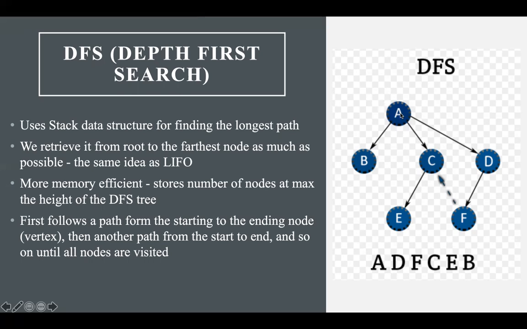For the next longest path from B and C, in this case, we're going to choose C. Then from C, we're going to choose E, and then we're going to go back to the root again, which is A, and then we're going to choose the last node, which is B.